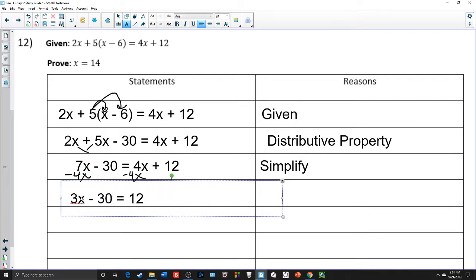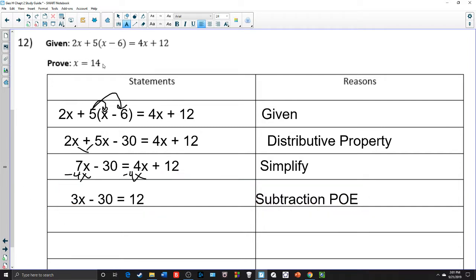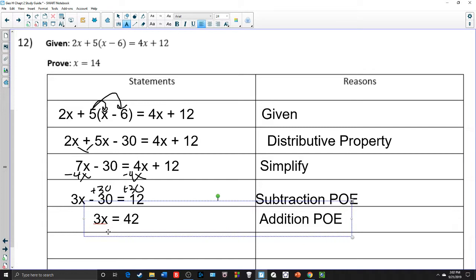And that would be by the subtraction POE. And then I would probably add 30 to both sides. So add 30 here, add 30 there. And we could probably tell it's going to be the addition POE. So we get 3x equals 42 by the addition POE.